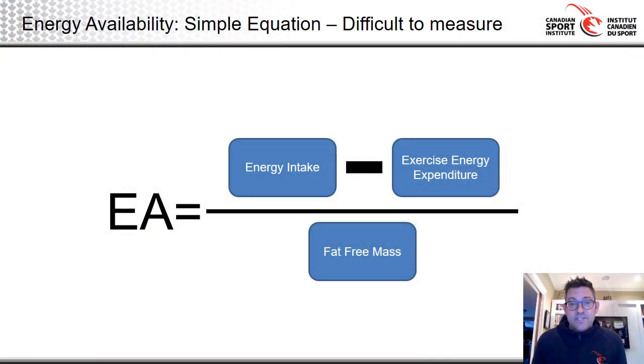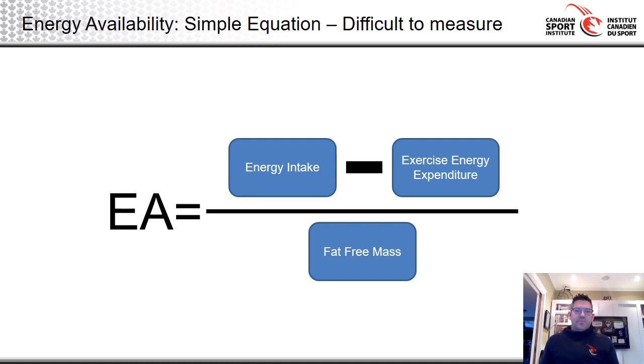So as Jane mentioned in her general presentation on REDS, the underlying cause of REDS is low energy availability. And the equation for energy availability is a simple equation, but it's difficult to measure. Functionally, it's energy intake minus exercise energy expenditure, corrected for fat-free mass or skeletal mass.